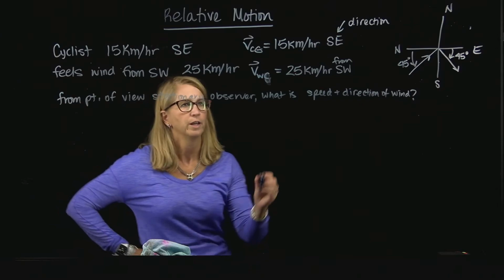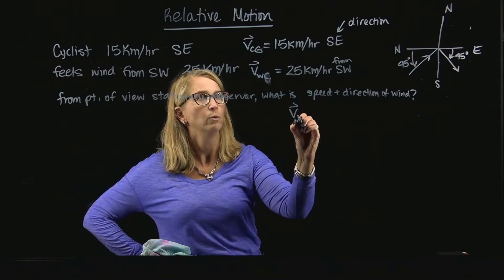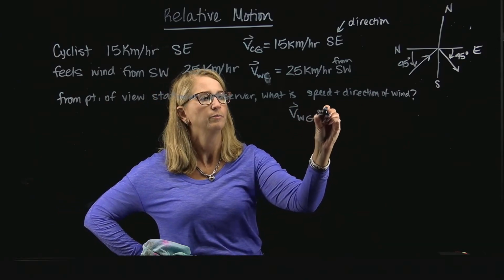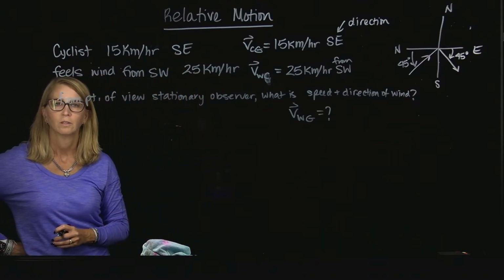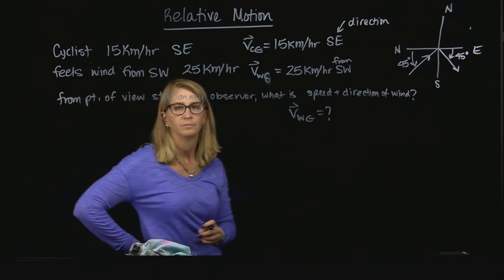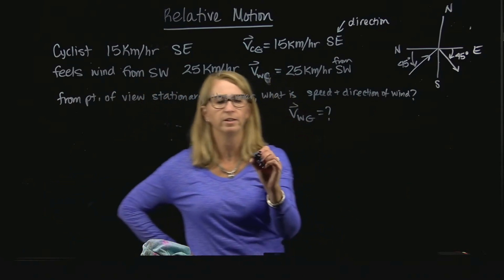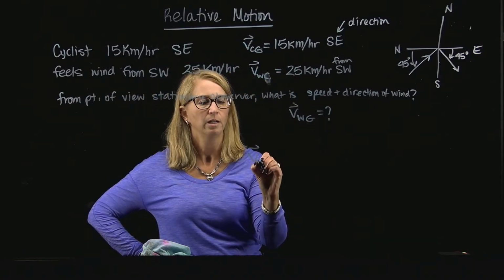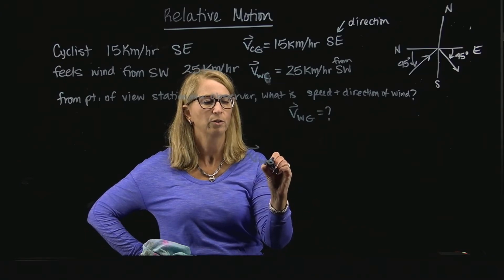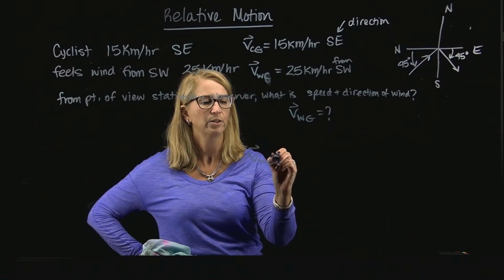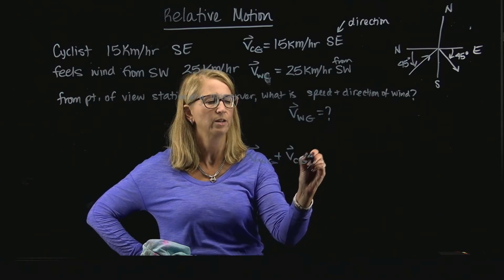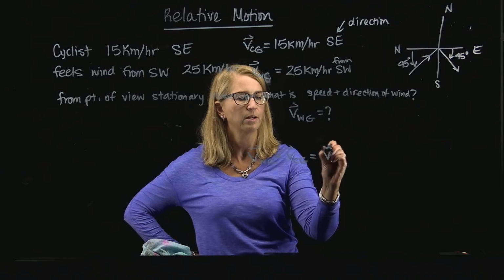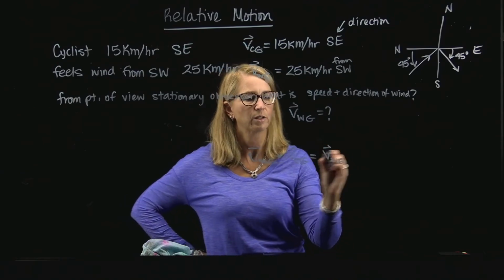What I'm asking for there is, what is the velocity of the wind with respect to the ground? Okay? So what we have is the velocity of the wind with respect to the cyclist plus the velocity of the cyclist with respect to the ground is equal to the velocity of the wind with respect to the ground.